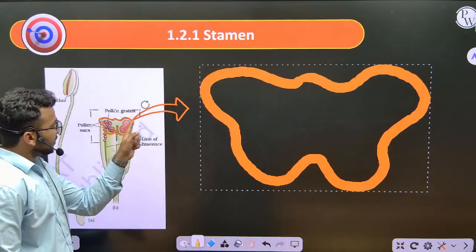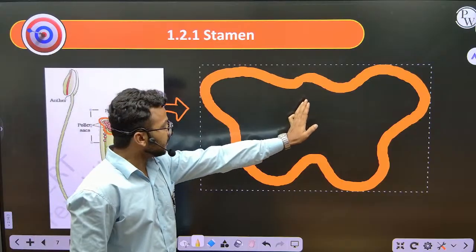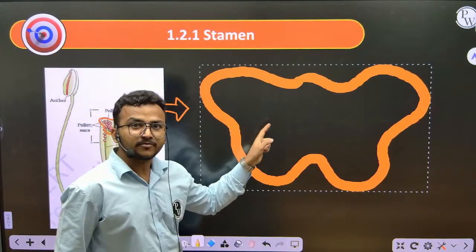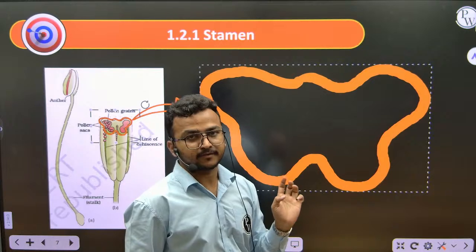Okay, the same structure I am displaying here. So it is a transverse section of microsporangium, we call it.